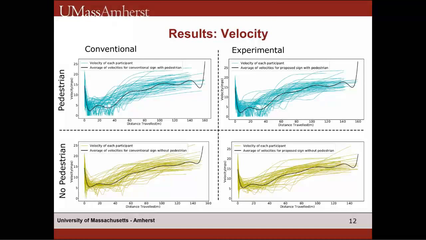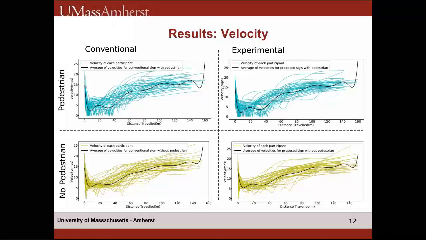To have a better understanding, first we went through the simulator data and analyzed their velocity. To analyze the velocity, we categorized the data in 4 categories: conventional with pedestrian, conventional without pedestrian, experimental sign with pedestrian, and experimental sign without pedestrian.